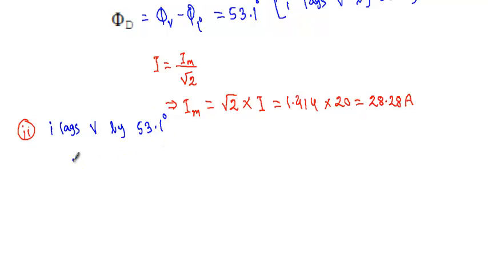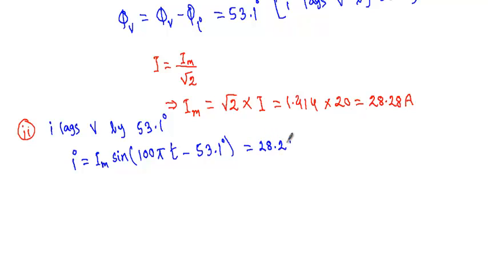Therefore I will write the expression like this: i equal to Im sin(ωt - 53.1 degree), where ω is 100π, and the maximum value of current is 28.28. So i equals 28.28 sin(100πt - 53.1 degree). Okay, so I'm done with step number 2.